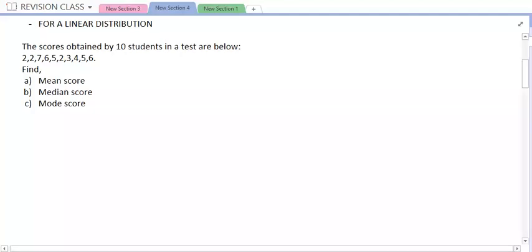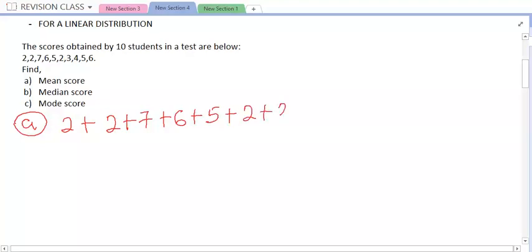Now, you want to solve it. Let's start with A. We are asked to find the mean score. So what will be the mean score? The mean score will be, take the addition of all the data. So you have 2 plus 2 plus 7 plus 6 plus 5 plus 2 plus 3 plus 4 plus 5 plus 6.